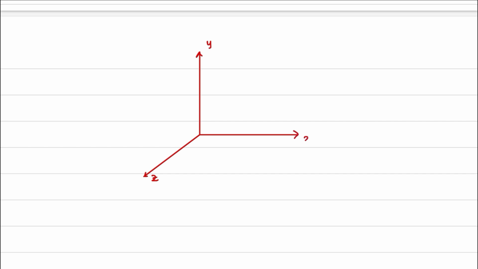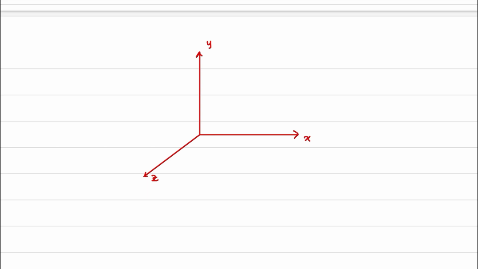And drawing these x, y, z axes also is an art. Please learn it. When you draw yourself, you will understand the meaning of it clearly. If you want, you can see my video a number of times. Draw the figures yourself, whatever I am drawing.